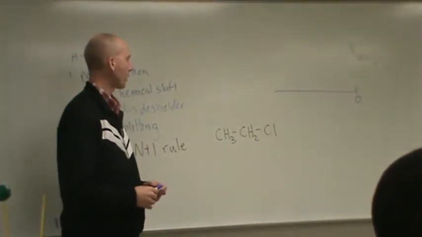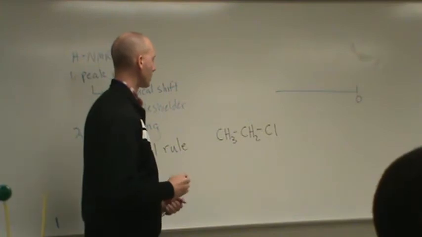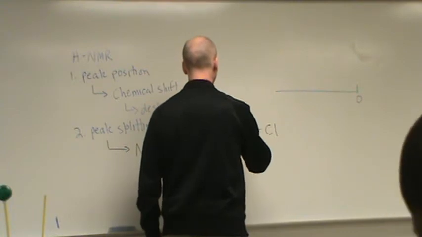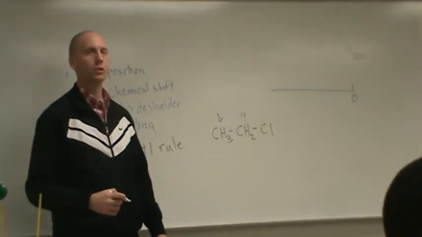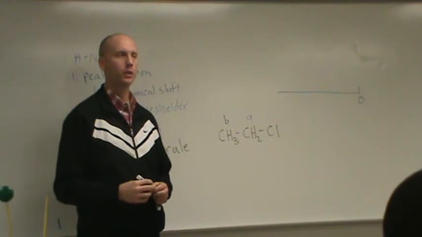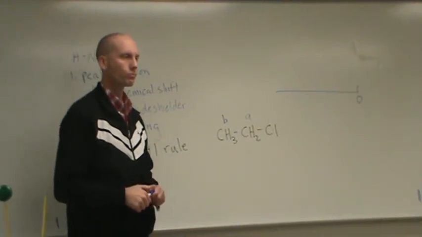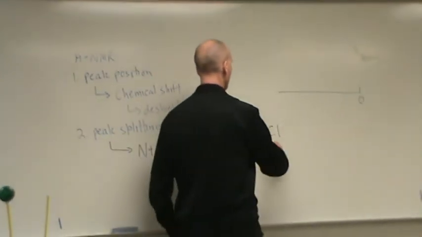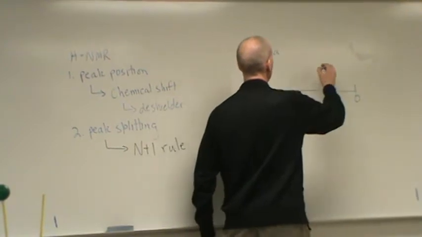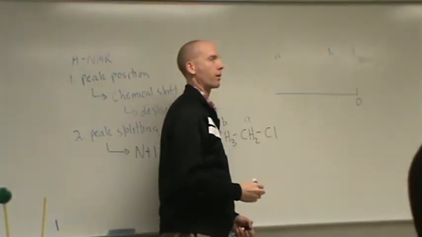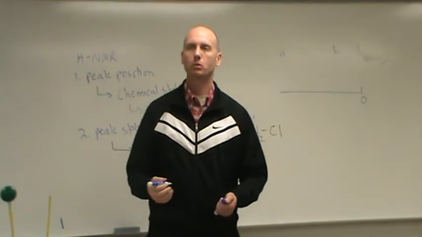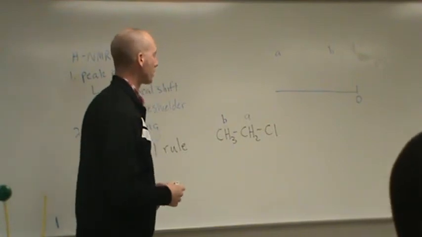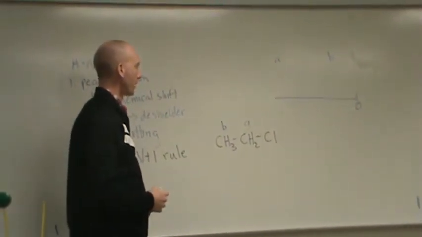Remember, we labeled these hydrogens A and B. Which of those two hydrogens showed up more downfield, A or B? A. It was closer to the de-shielder. So A is here and B is here. Remember last time we didn't draw any peaks, we just put where they showed up. Now let's see what the peaks look like. Let's make this as simple and painless as possible.